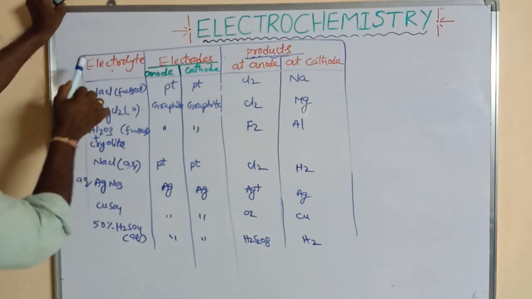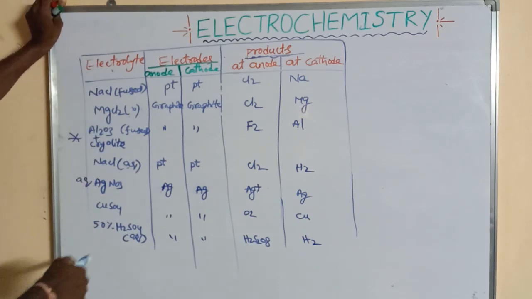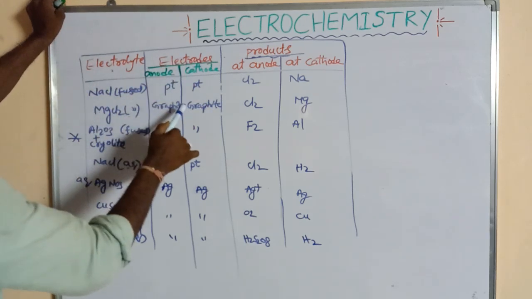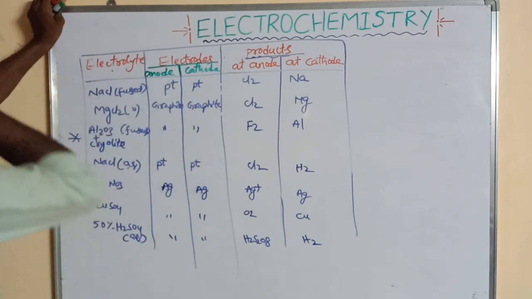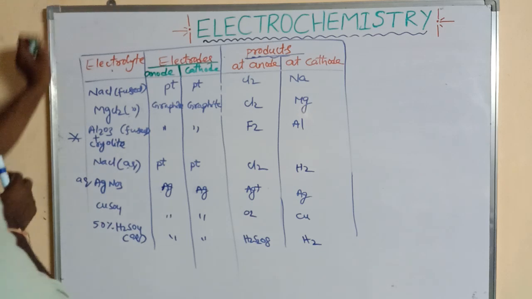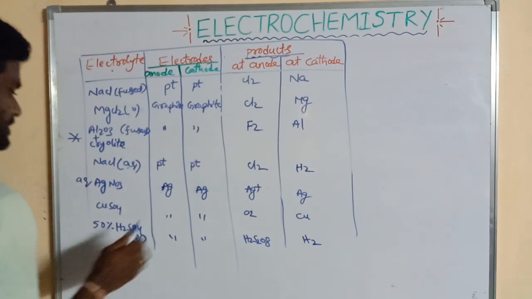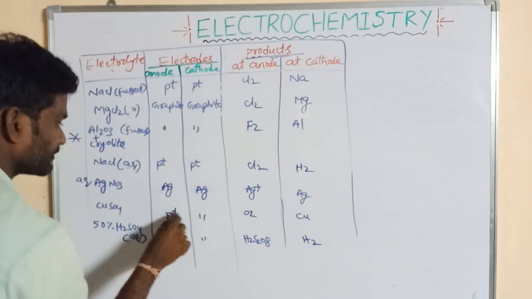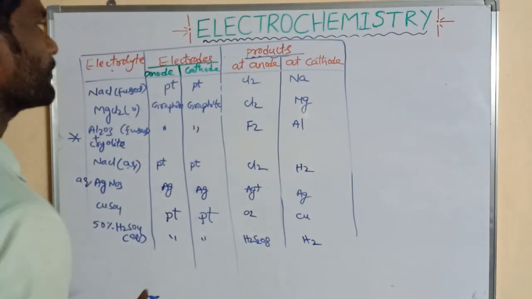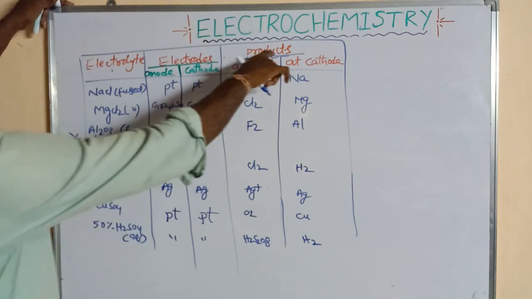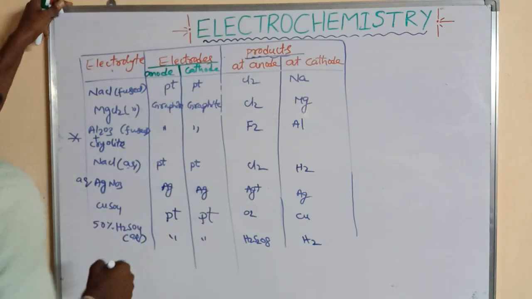During the electrolysis of some electrolytes, these are the electrodes: platinum electrode, and graphite and silver electrodes can be taken. This is platinum, this is also platinum, right? So these are the products occurred at anode and cathode.